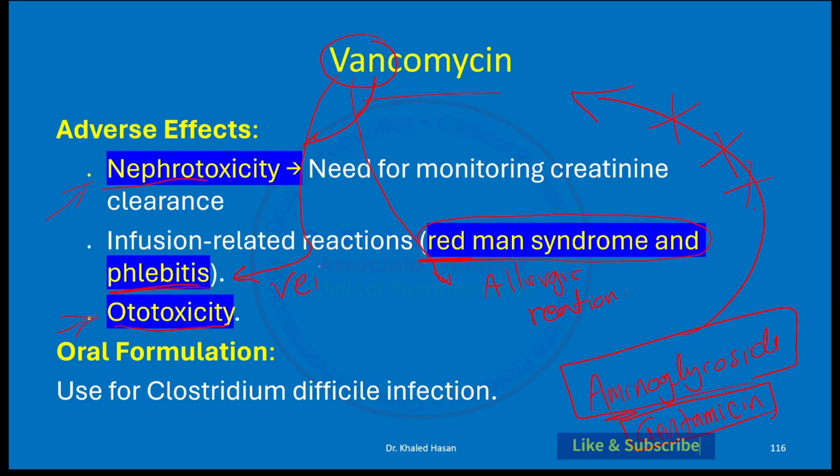We talk about veins, so you can see here V for vein inflammation, phlebitis, A for allergic, and N for nephrotoxicity. Okay, so when you have the oral formulation, we use vancomycin oral to have a local effect on the GI system for patients with Clostridium difficile infections.